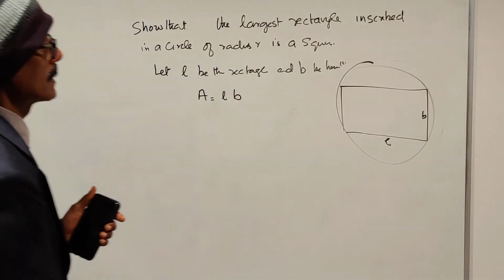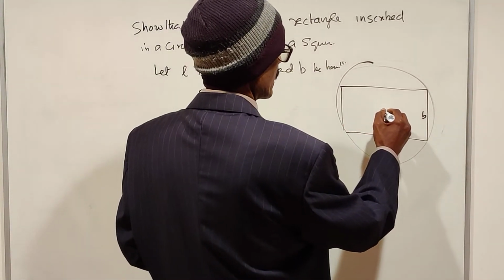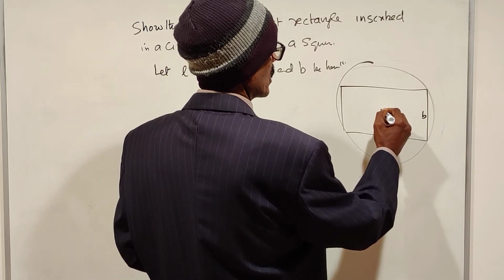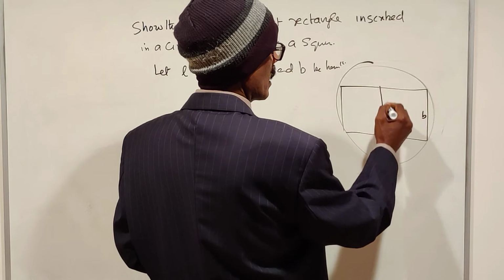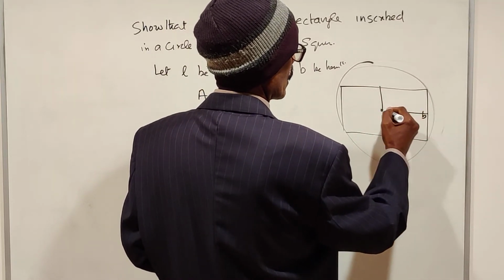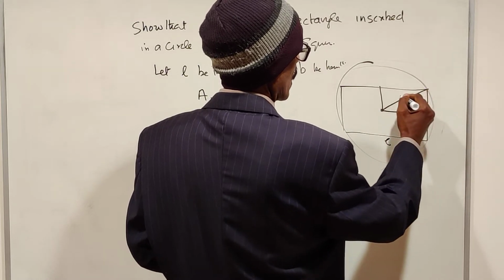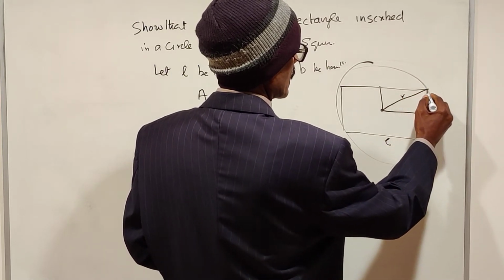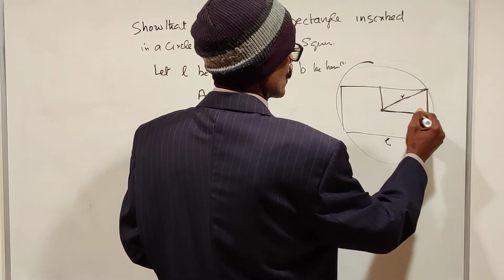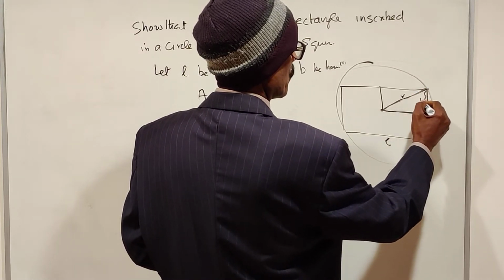This is the center. Draw a perpendicular from here to this chord and draw another perpendicular from here to this chord. This is the radius r. See, this is a right angle triangle. So what is this length? B by 2.